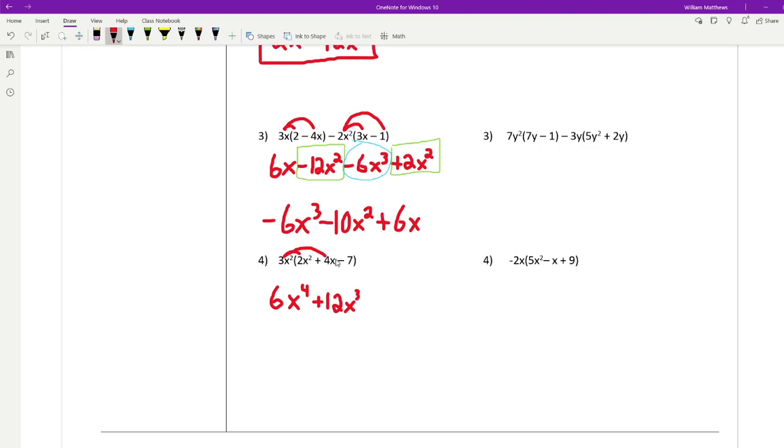So we need to remember that there is the 1 that is known to be there for the exponent. And then our last part, 3x squared times the negative 7 gives us a negative 21 for our coefficient. And we only have the one variable x squared, so we still need to write that down for the term.